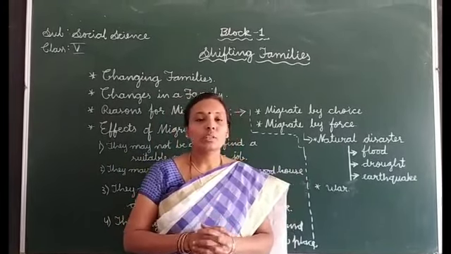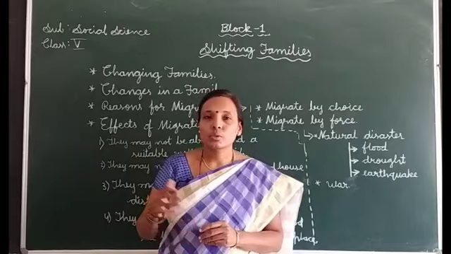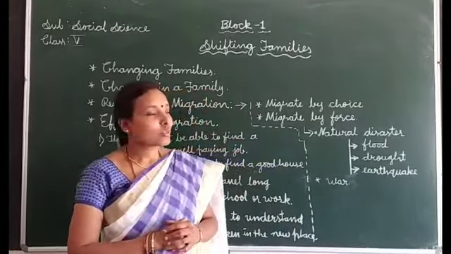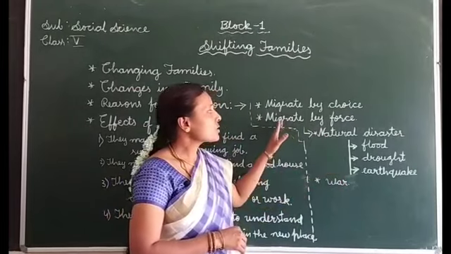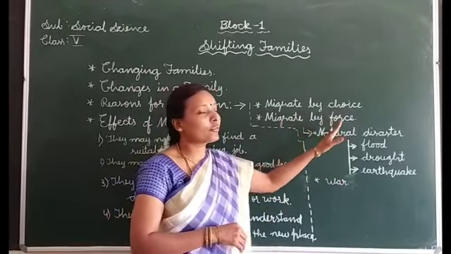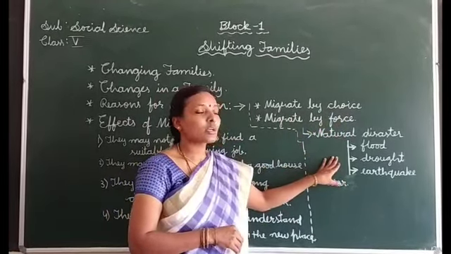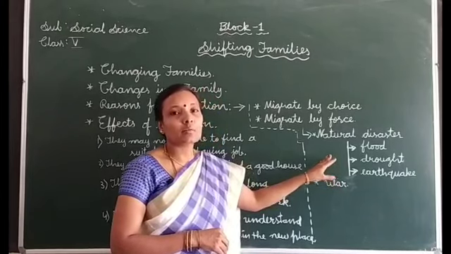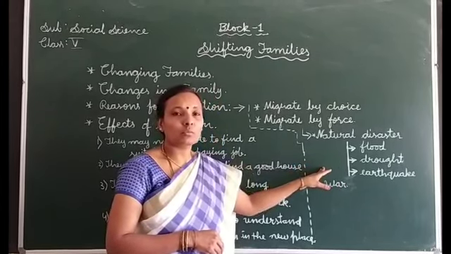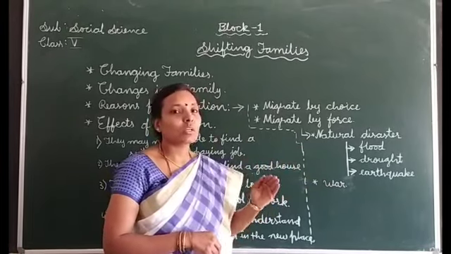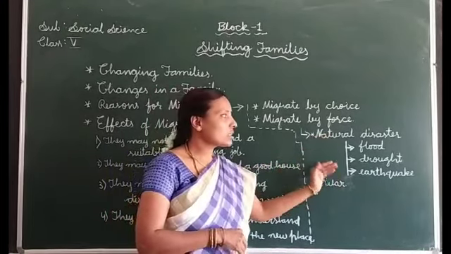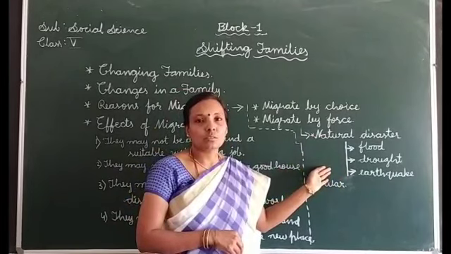And during that time also people migrate to a new place. So these are the reasons for migrate by force. In these cases people migrate forcibly. They don't want to leave their hometown, but they have to go because of these disasters.